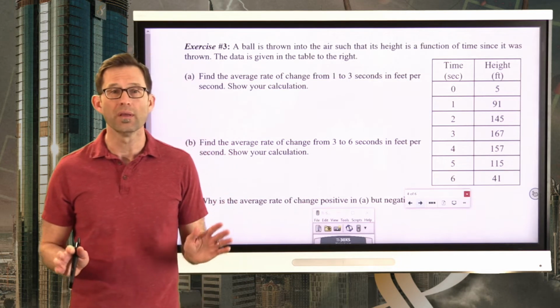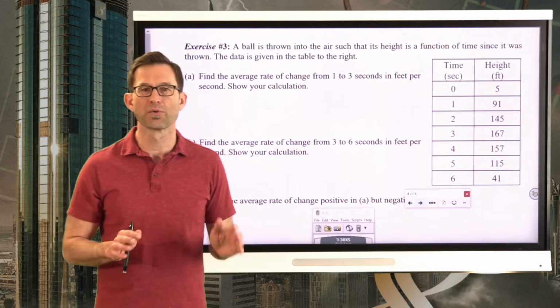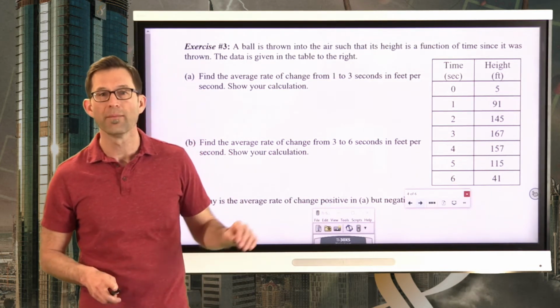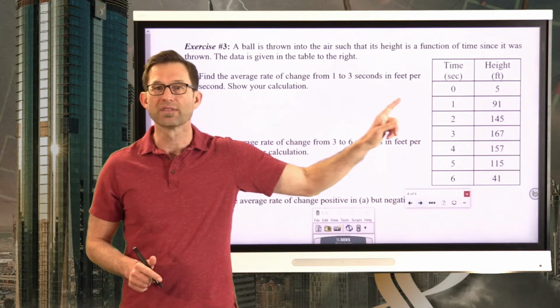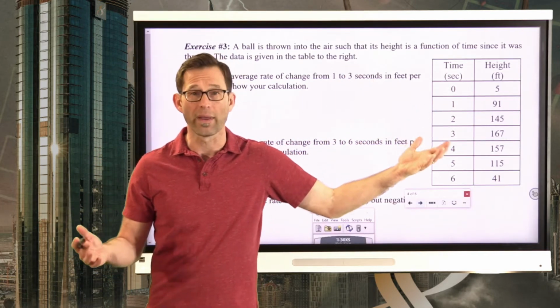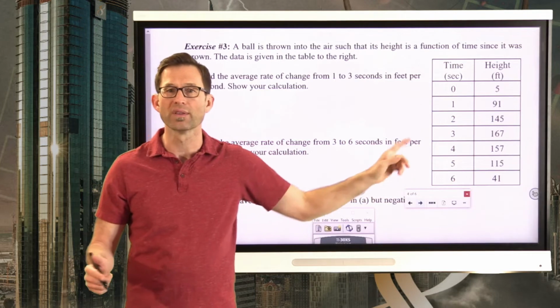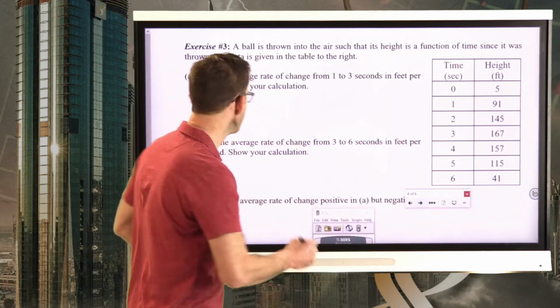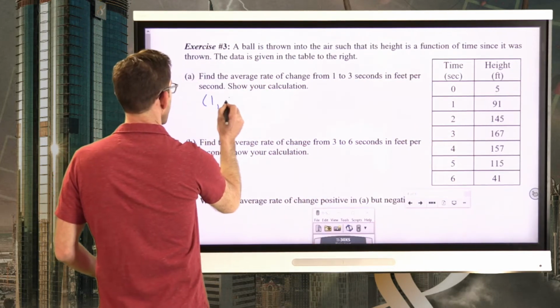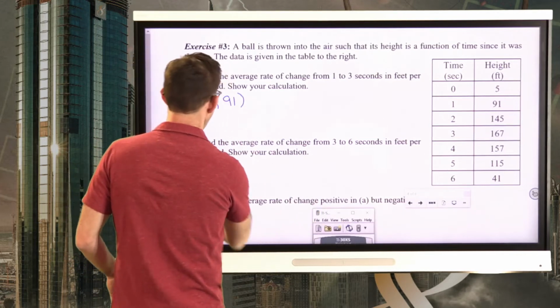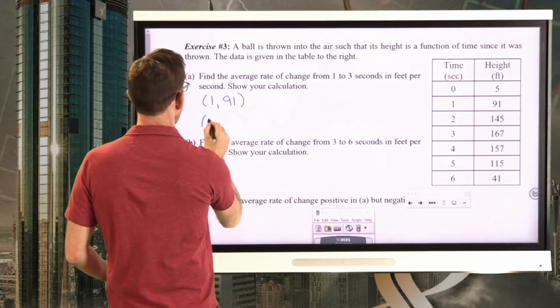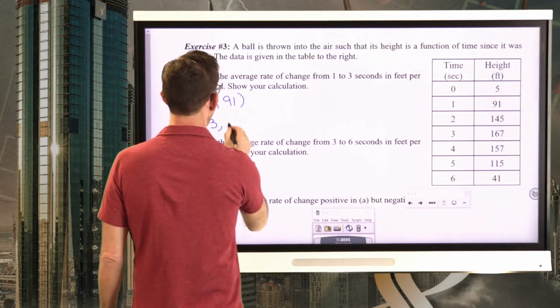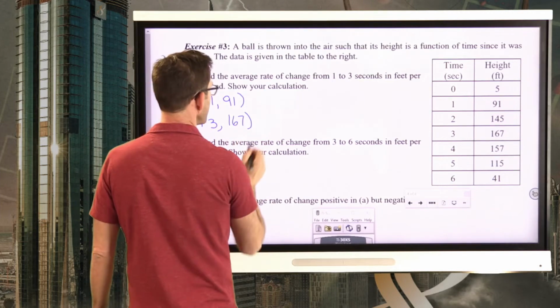All right. Now, this one's pretty easy, but let's think about it from this perspective of slope of the line, right? So from 1 second to 3 seconds, we've got 2 coordinate points. We have the point (1, 91) and the point (3, 167).